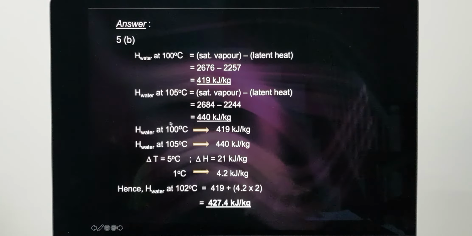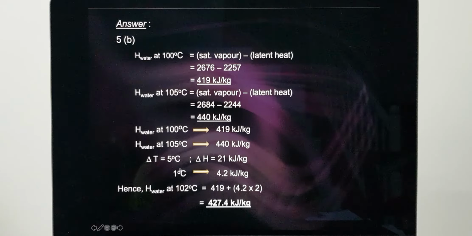So on your left hand side, you have your temperature. Calculate the temperature difference. The temperature difference is 5 degrees Celsius. On your right hand side, you have the value for the enthalpy for the respective temperature. Calculate the enthalpy difference. The enthalpy difference is 21 kilojoule per kilogram.